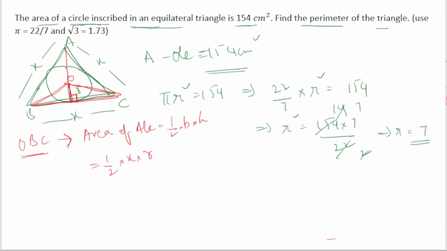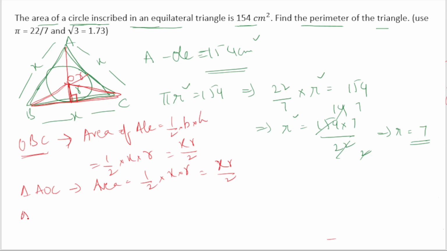And if we take the triangle AOC, the area is half into base x and height. Here also the radius is the same, it is r. It is xr divided by 2.